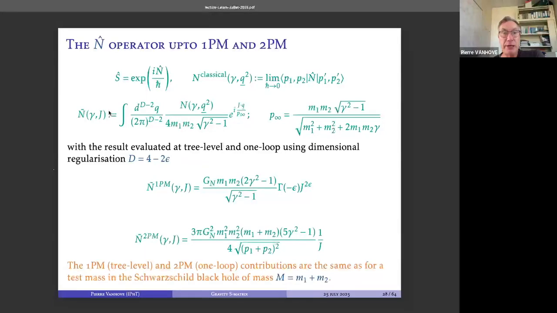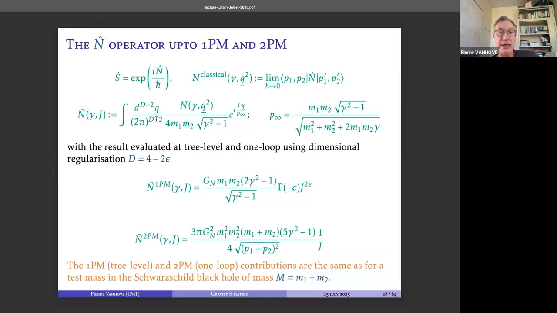Now let me recap. The S matrix, instead of 1 plus i over h bar t, is exponential i n over h bar. I'm now focusing on the classical bit, which is the one I've extracted from the procedure. Gamma is the relativistic factor, and q squared is the momentum transfer.